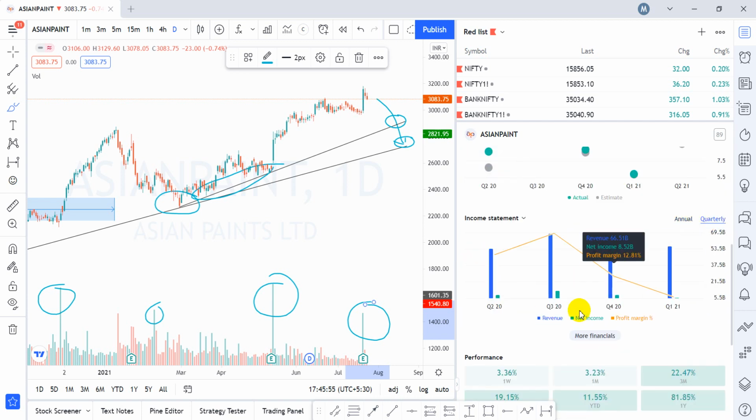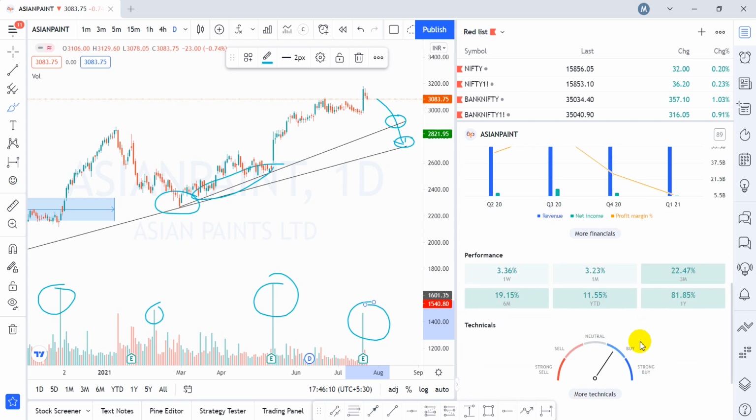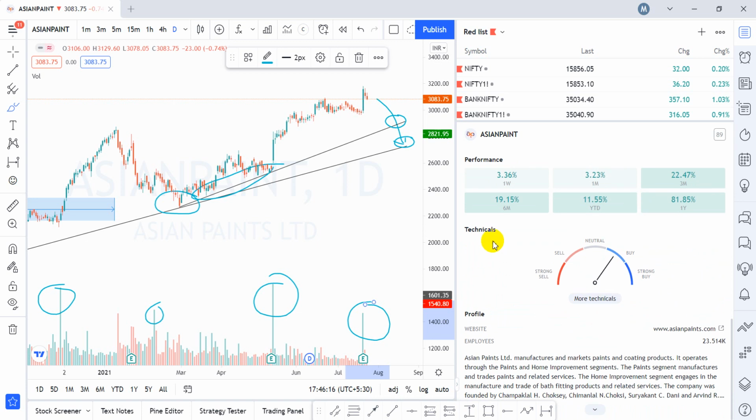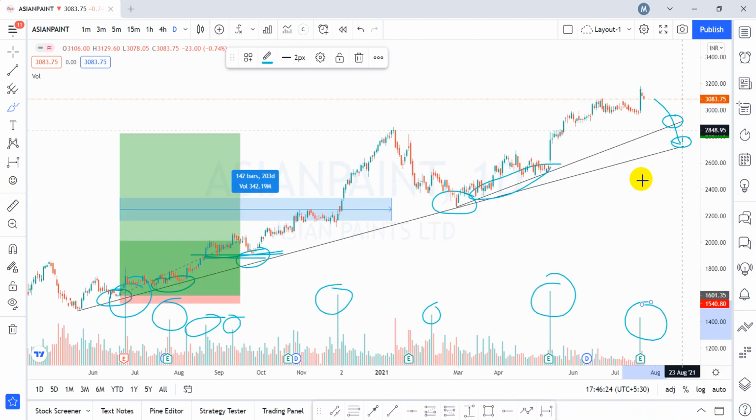If you see the quarterly results as well, the revenues are stable, the income is stable, the profit margins are slightly declining in the case of Asian Paints, but you know the reason behind that. Fundamentally the stock is pretty strong. Performance wise, 81% gains in the last 1 year, and technical parameters also suggest that this stock is one you should be looking for a buy entry on your chart.